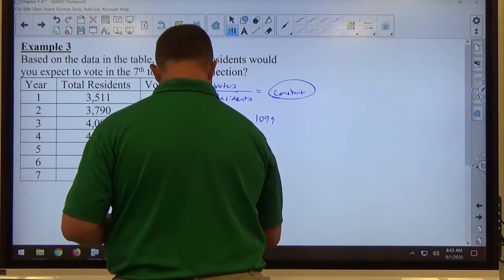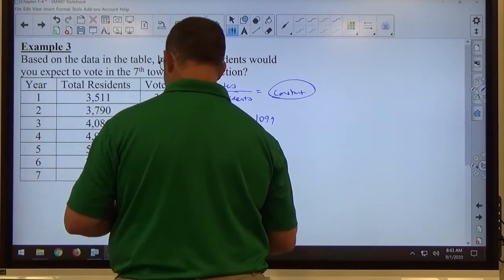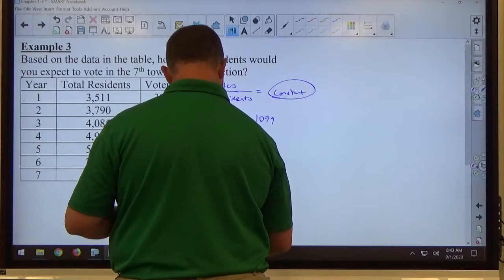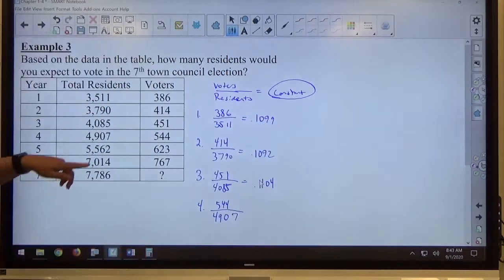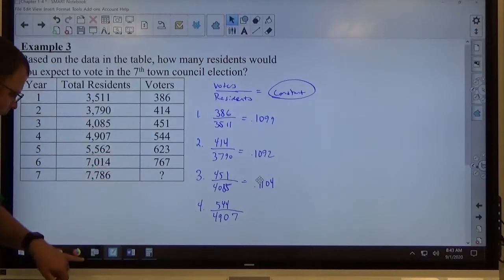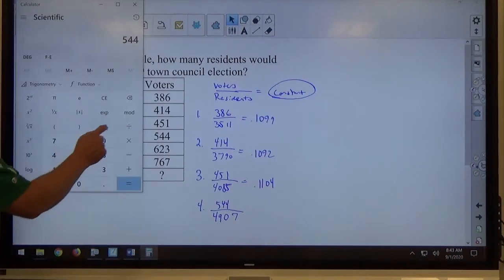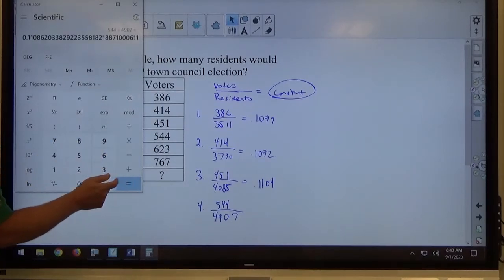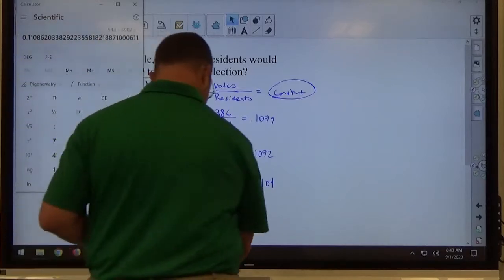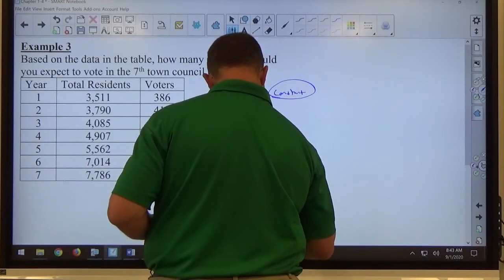Year four, we have 544 voters out of 4,907 residents. I get the words wrong. 544 voters over 4,907 residents. We divide that one, 544 divided by 4907 comes out to 0.1109.